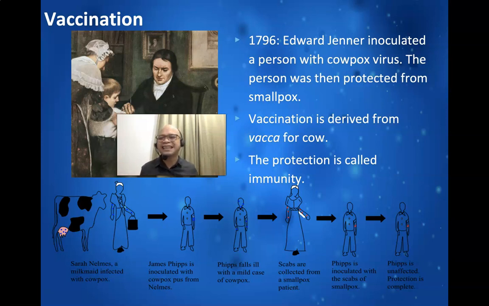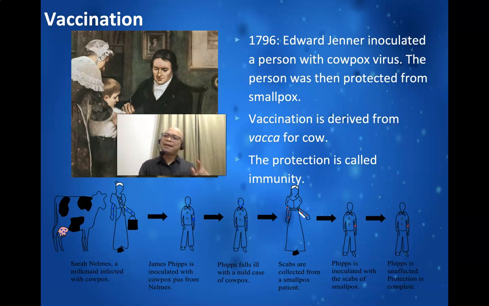Smallpox is caused by the variola virus. Now, smallpox has a cousin. The cousin of smallpox was actually cowpox, and the causative agent of cowpox was the vaccinia virus.